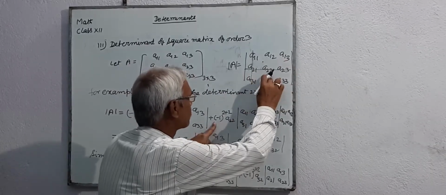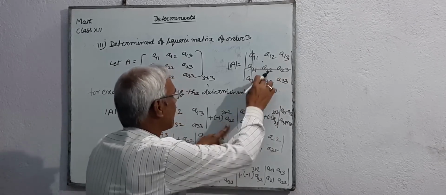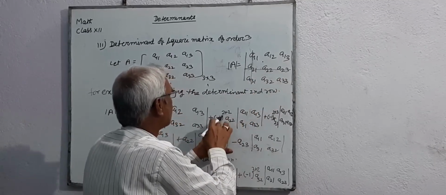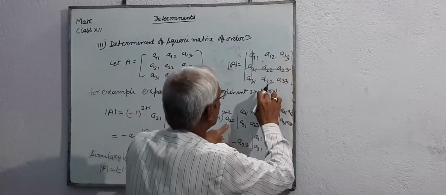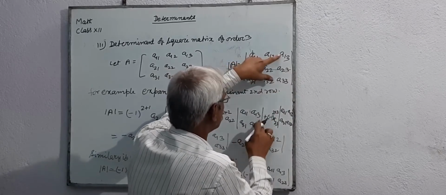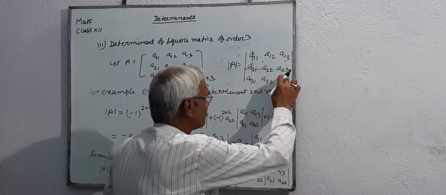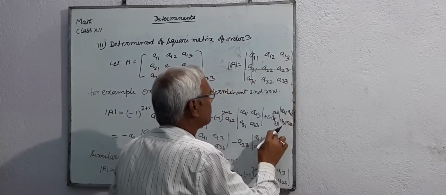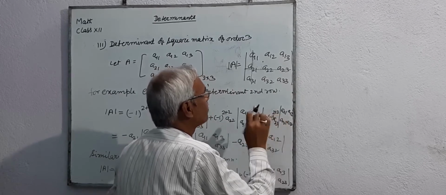Then comes A22, the element lying in the second row and second column, sign minus 1 to the power 2 plus 2. Eliminating the second row and second column, we get A11, A31, A13, A33, plus A23. For element A23, the sign is minus 1 to the power 2 plus 3.